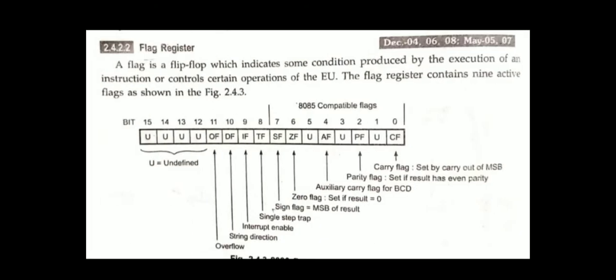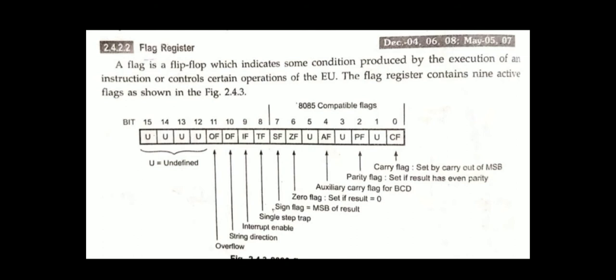And the next topic is about flag registers. A flag register is a flip-flop which indicates some condition produced by the execution of an instruction or controls certain operations of the EU. The flag register contains 9 active flags, shown in the diagram.